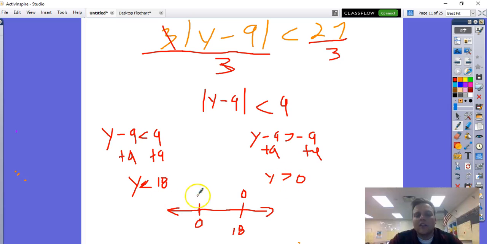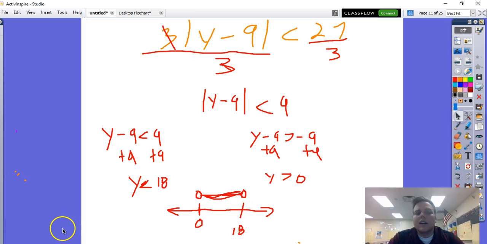And y is greater than 0, so that also gets an open circle. Less than 18 means going to the left, but greater than 0 means going to the right. So they meet here in the middle. What I just drew is a graphical representation of all your possible answers. All your possible answers are numbers that fall between 0 and 18.